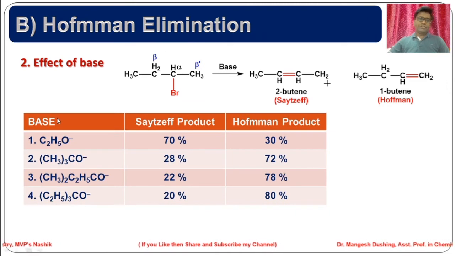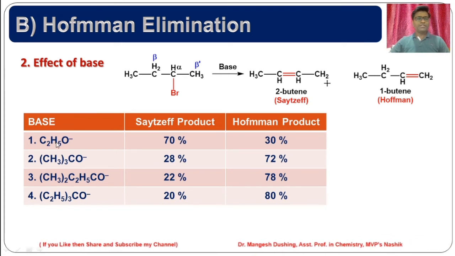Now we'll change the base. While keeping all the factors constant, we'll change just the base. First we'll use ethoxide, then tertiary butoxide, then dimethyl ethyl methoxide, then triethyl methoxide.